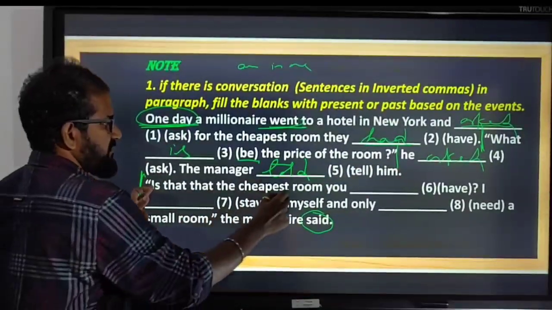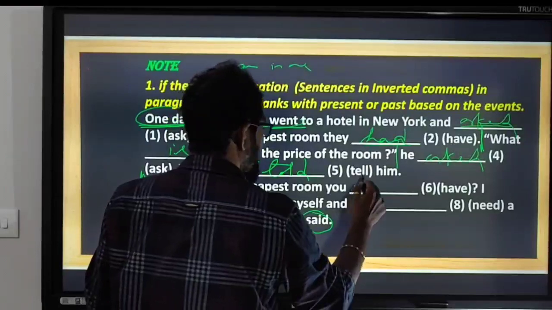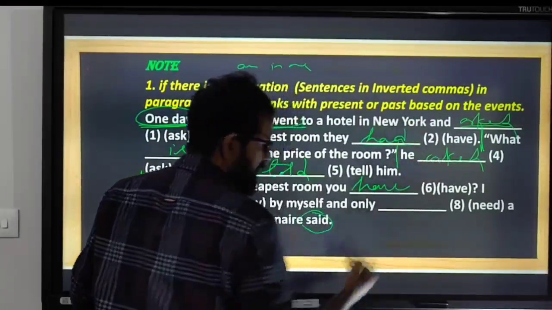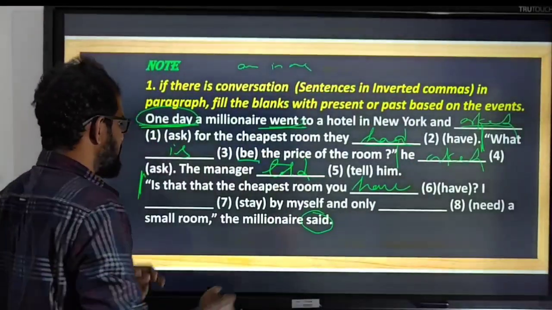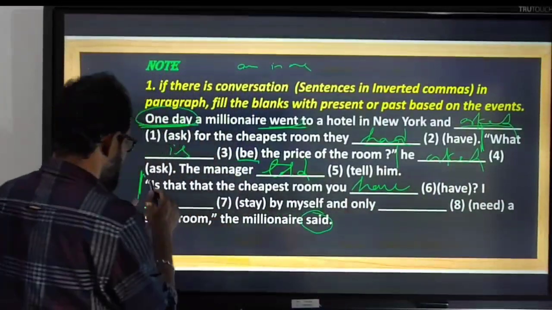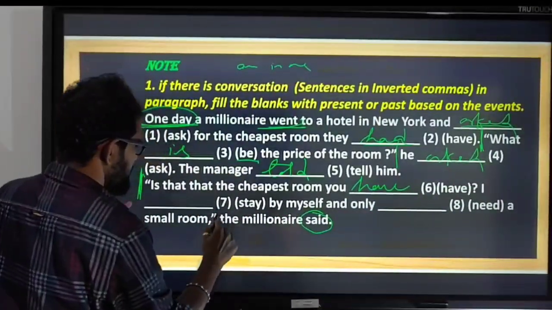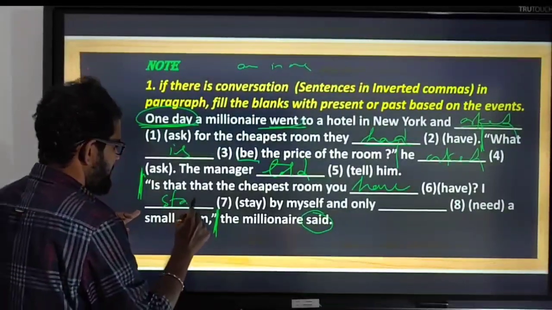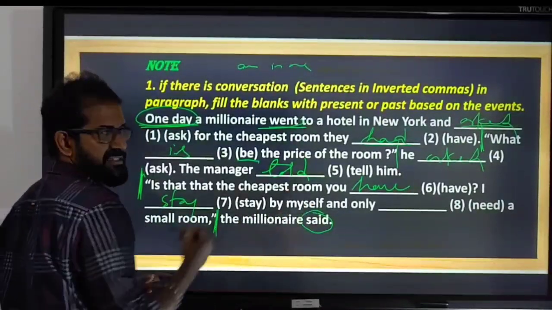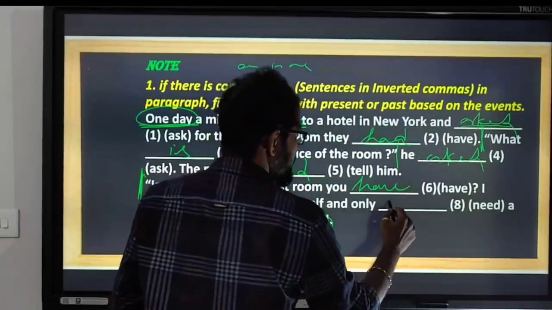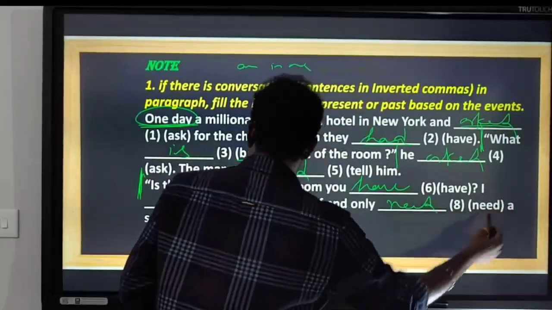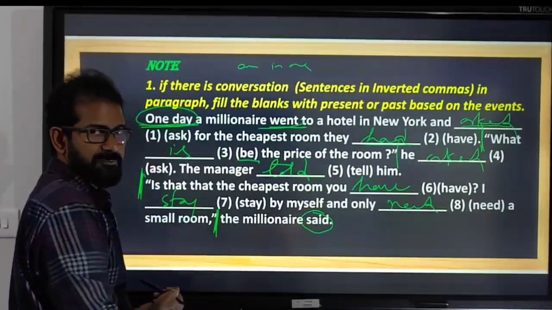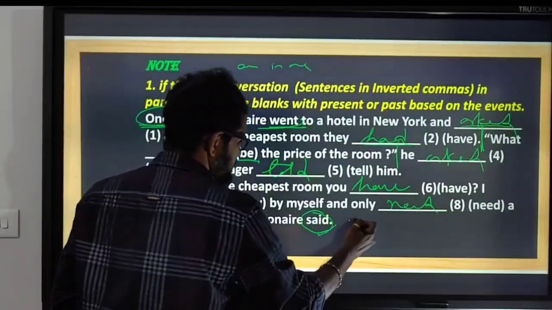Is that the cheapest room you have? Present tense. I stay. This entire thing is in conversation up to here. I stay by myself and only need a small room, the millionaire said.